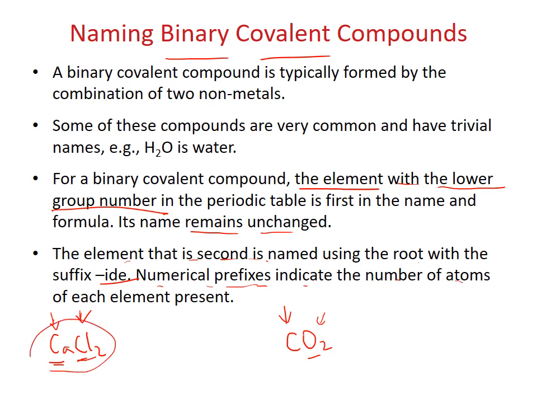In an ionic compound, we don't use a prefix, so calcium chloride, but here you say carbon dioxide. So there are similarities and a difference. Okay, you need a prefix here. You choose the lower group number first, and for the second one you need to use IDE.